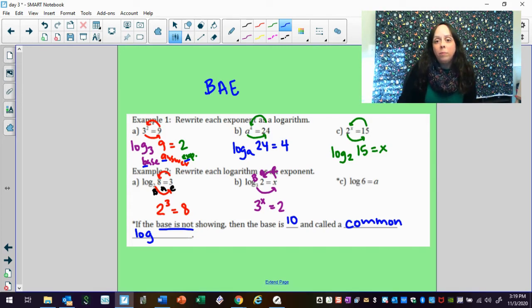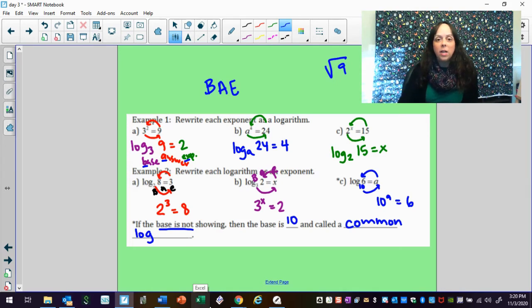The square root of 9, say, that missing index, that 2, is never written because it's a square root. We know that when I just write that, I'm talking about a square root, not a cube root or a fourth root, okay? So this is another example of that. So that missing base would be a 10 to the a power equals 6.